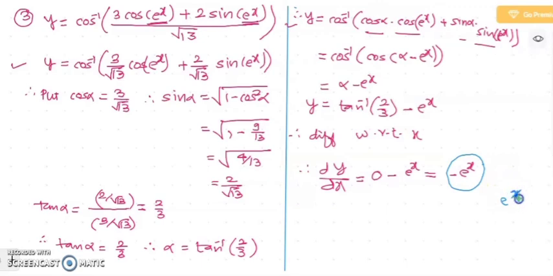And how does that happen? The key is these all steps remain the same.